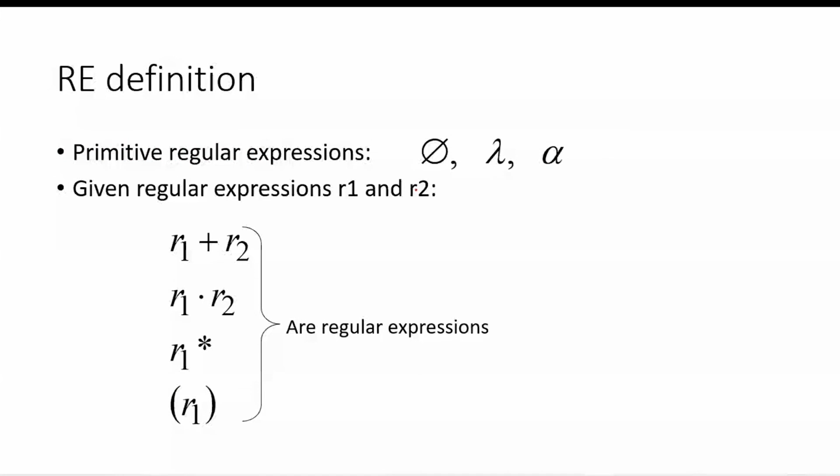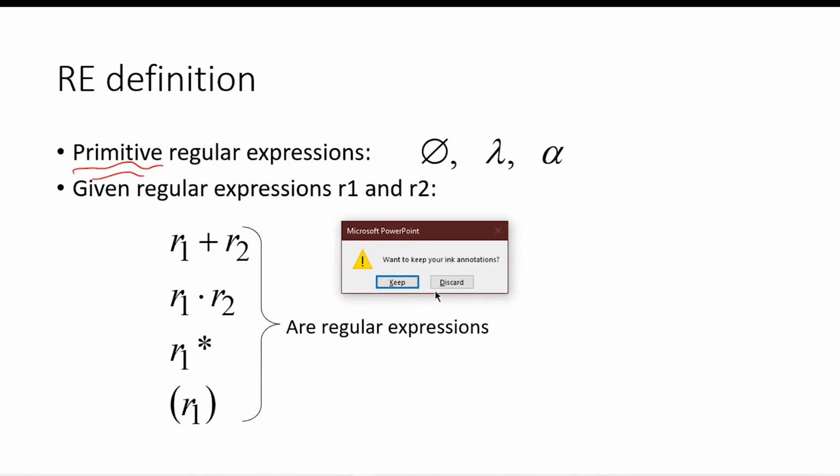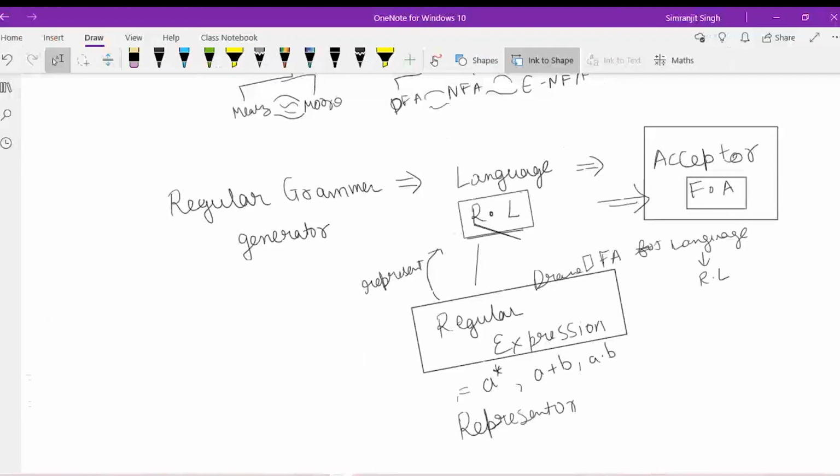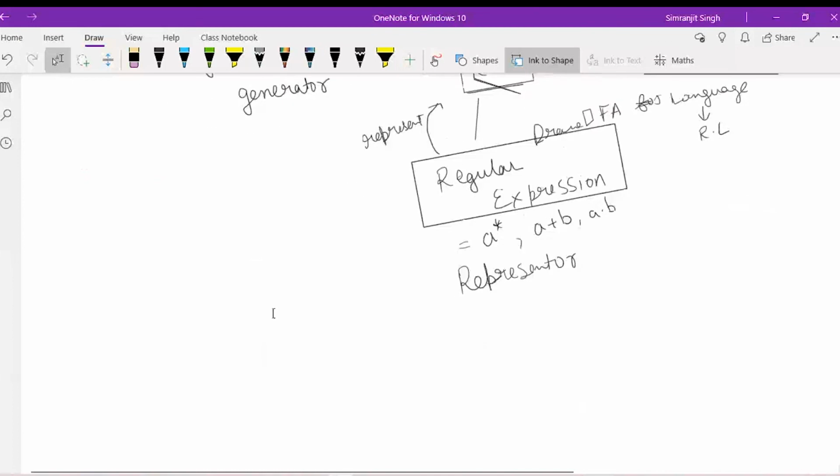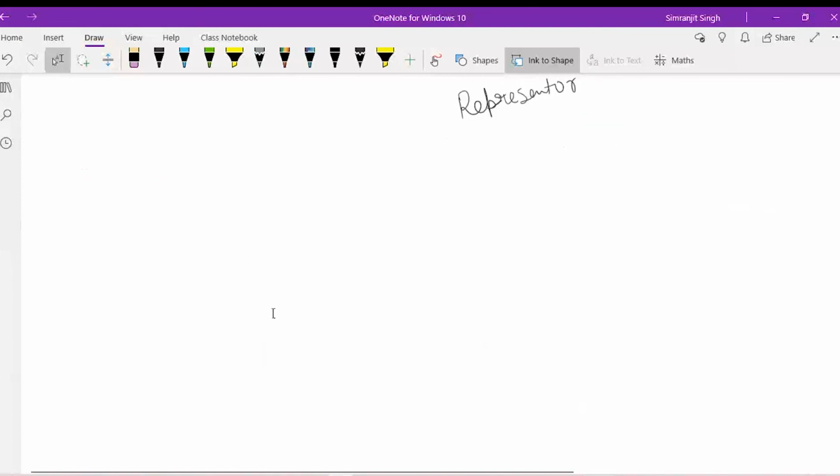Now there are some primitives, meaning some foundational regular expressions. The first operator is union.